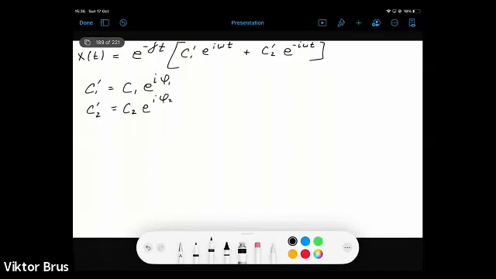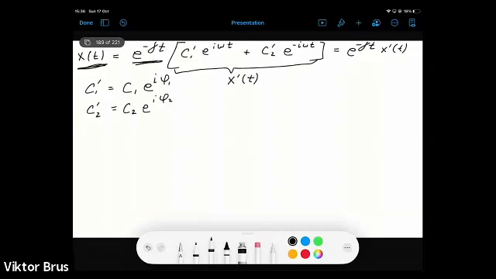So now we can write this part, which is the complex function of our solution, because this one is real and this is complex. Let's call it x prime of t, and the total solution will be e in the power minus gamma t times x prime as a function of t.